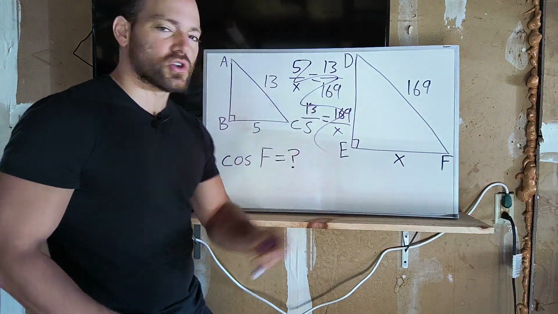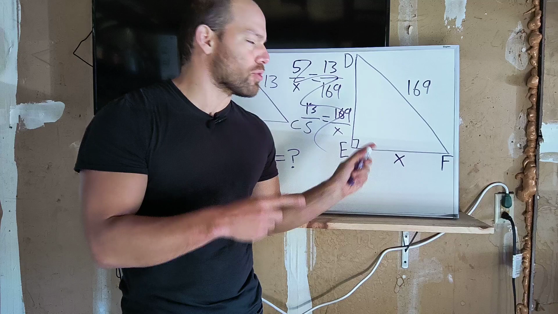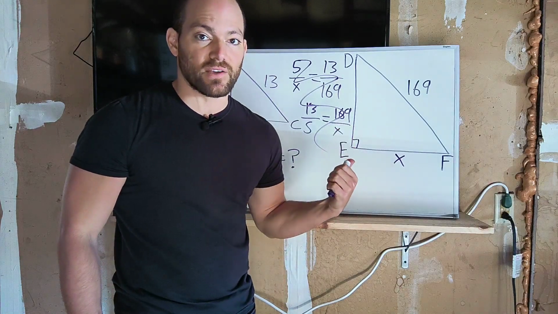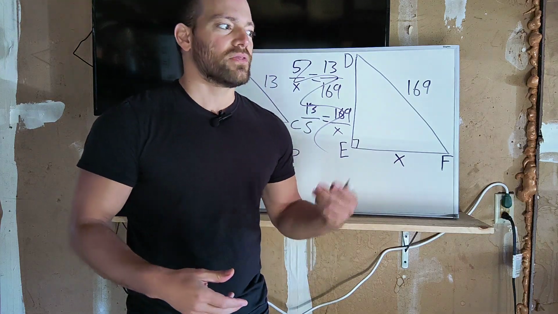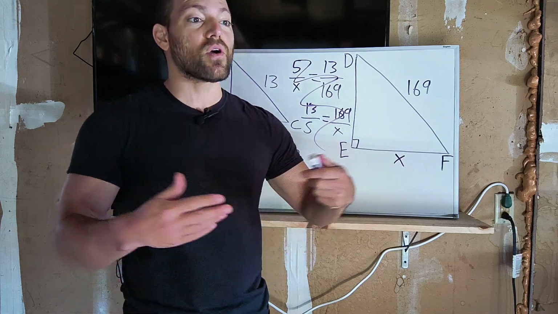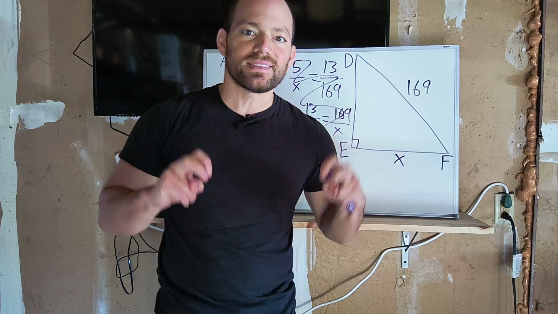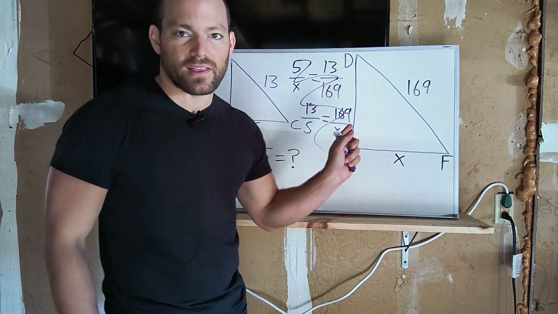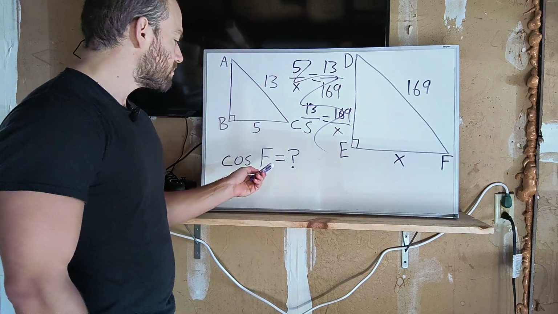They're trying to lure you into doing something like this, just to add another minute or so to your process in this question, because the more time we take for this, the less time we have for other questions. And also, the more steps we introduce to our process here, the more opportunities we have to make little silly mistakes, right? Little calculation errors, whatever. So no, we're not going to do it that way. We're going to be a little more strategic about this.